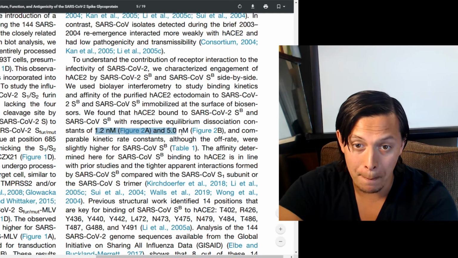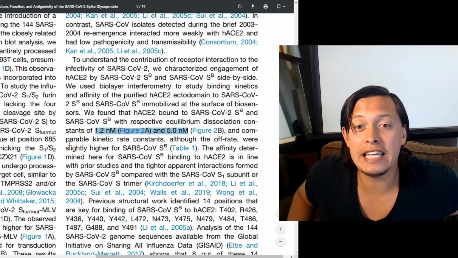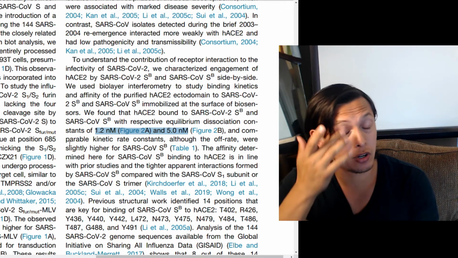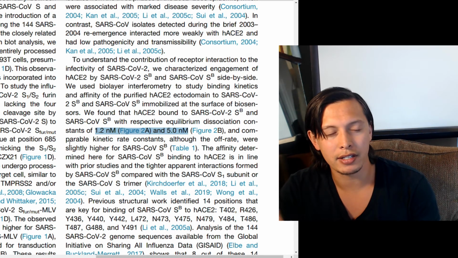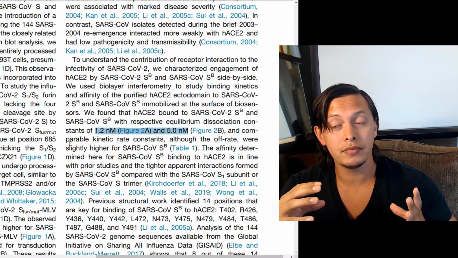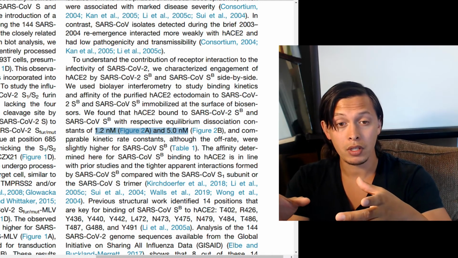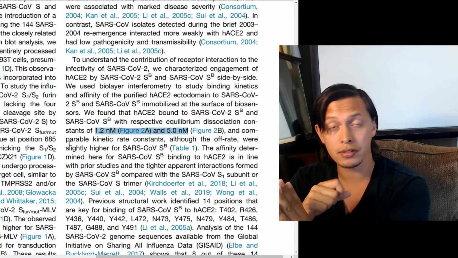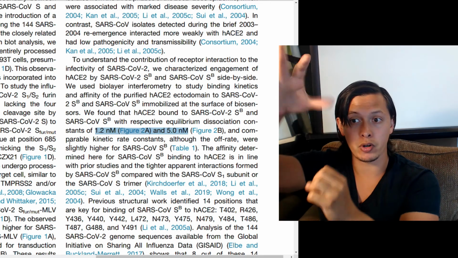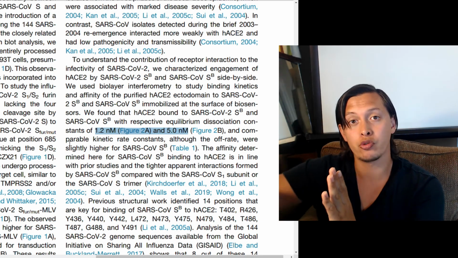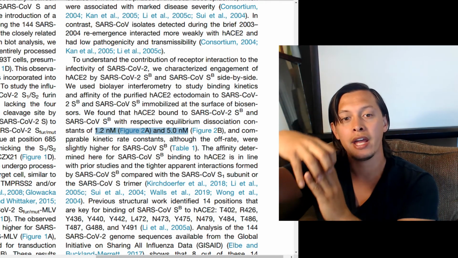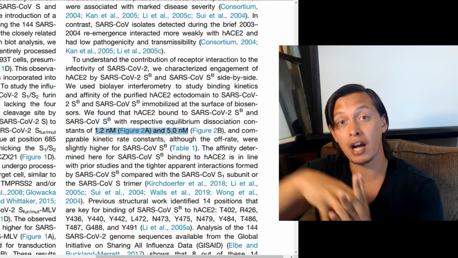So the best way to describe this is the equilibrium dissociation constant. If I'm remembering this correctly, it might not be the exact same definition, but given a certain number of your spike proteins, remember they're all jiggling around, what concentration of the ACE2 receptor do you need in the solution to have about half of your spike proteins to be covered?